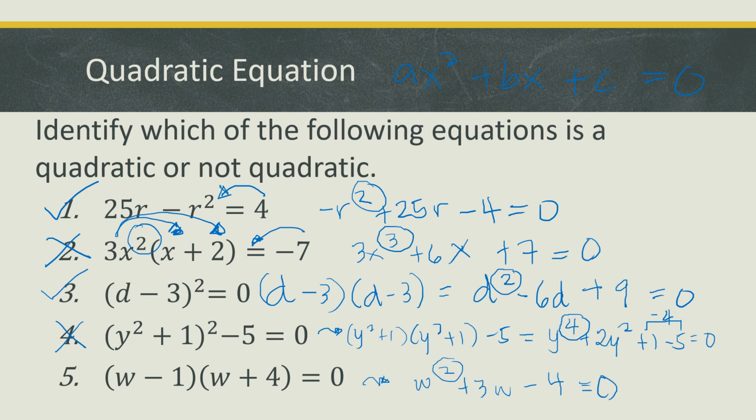The highest exponent is 2 by using the FOIL method. Therefore, number 5 is a quadratic equation. Okay, so observe first if the given is transformable into the standard form of quadratic equation for you to identify if the given equation is a quadratic or not quadratic.